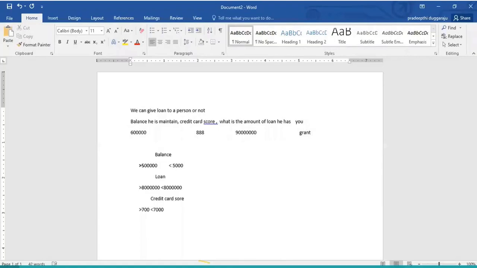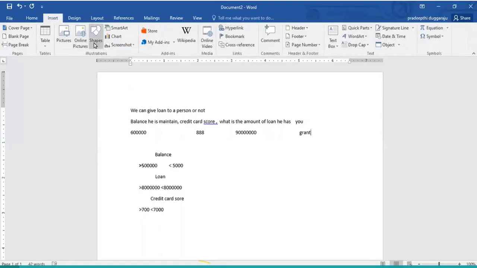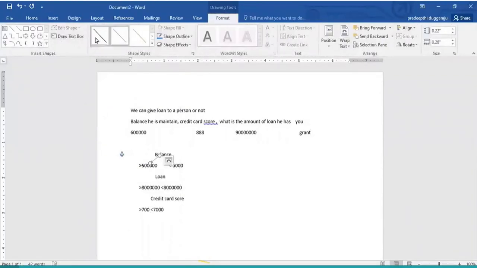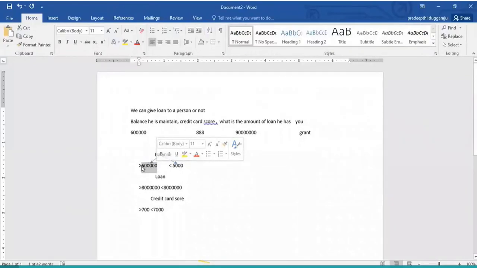Now how will our decision tree work? First of all, it decides on the balance. First it checks whether the balance is greater than 50,000 or less than 50,000. First it will check this node. It is greater than 50,000.